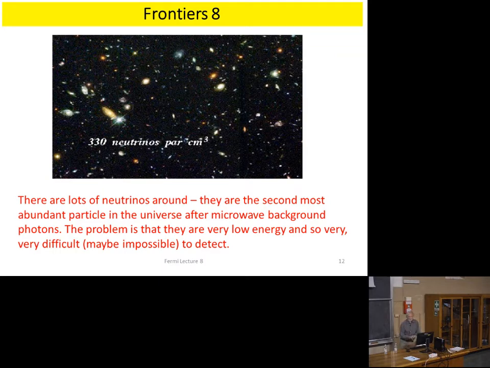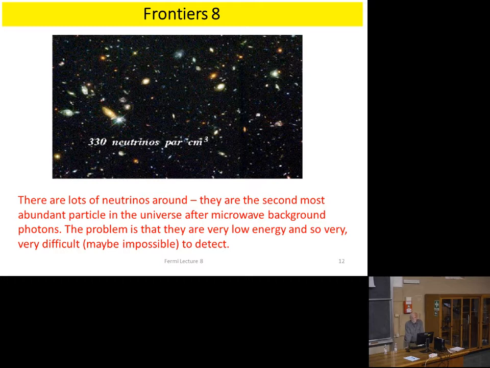So I'm going to go through a lot of these areas one at a time, but maybe a little bit historically first, to talk about how we know what we know about neutrinos. So first, there's a lot of neutrinos around. I've told you that. They are the second most abundant particle in the universe.